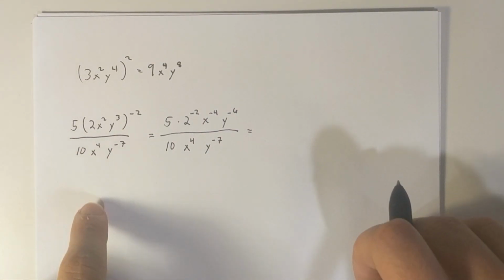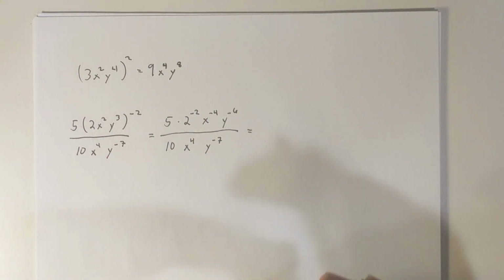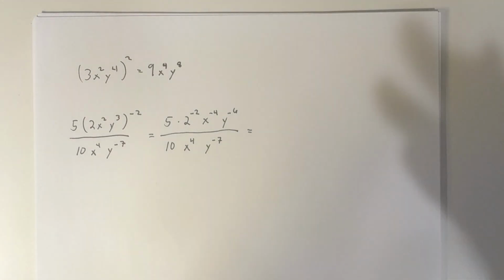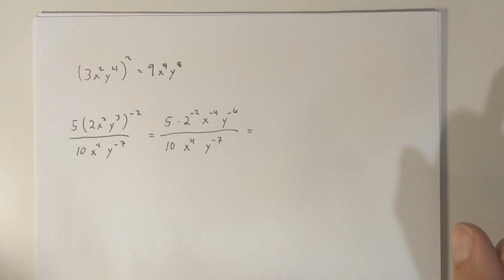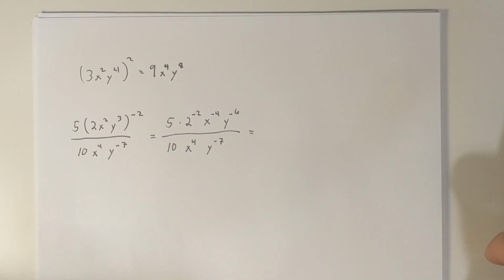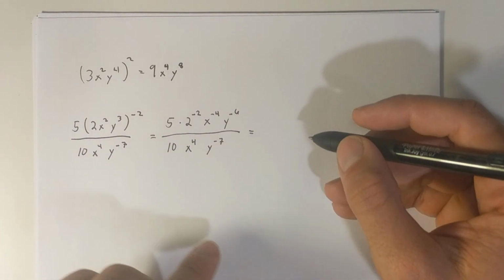Now, the thing that really makes this problem confusing is all of these negative exponents. Well, if we have so many negative exponents, we want all positive. If something has a negative exponent, to make it positive, all you have to do is switch it. Remember the property? So, I am actually going to rewrite this.